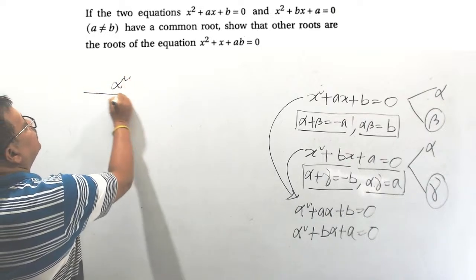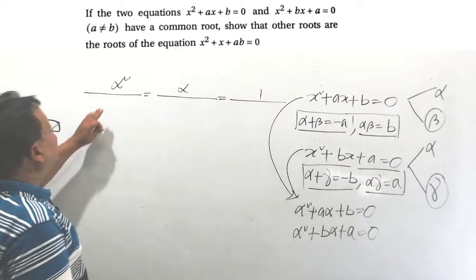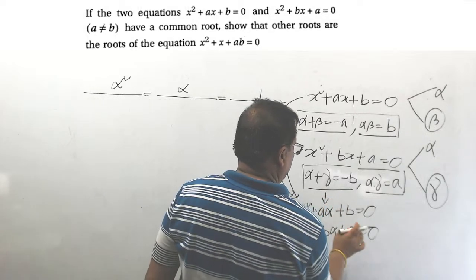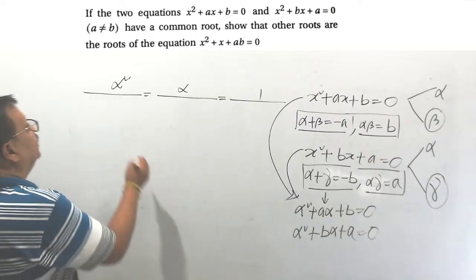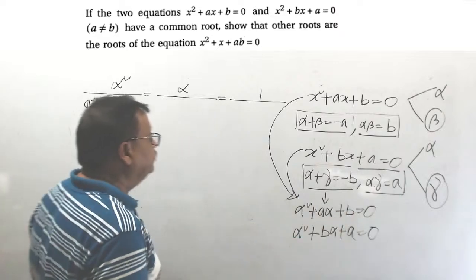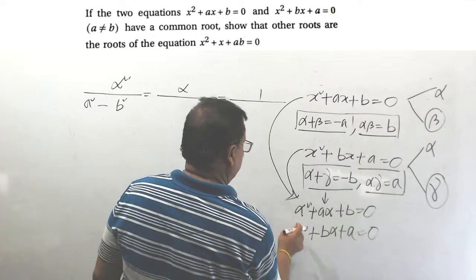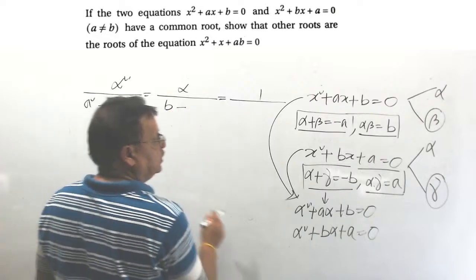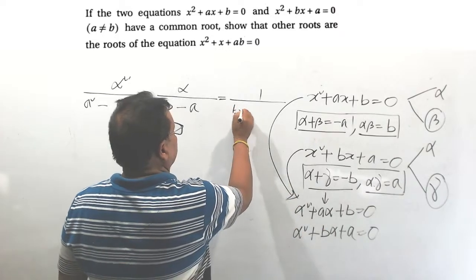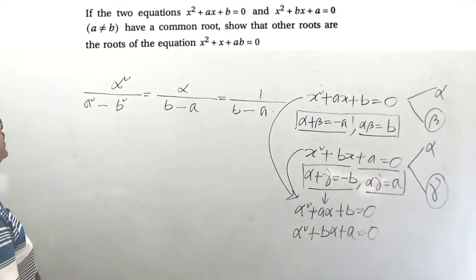Alpha square is equal to alpha is equal to 1. Now start from here. Coefficient: a into a square minus b square, a square minus b square. Then b into 1, that is b minus 1 into a, so 1 into b minus a, that is b minus a.